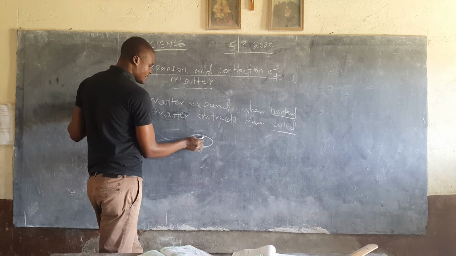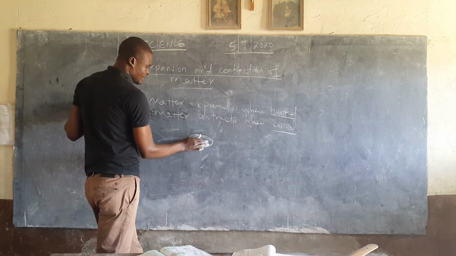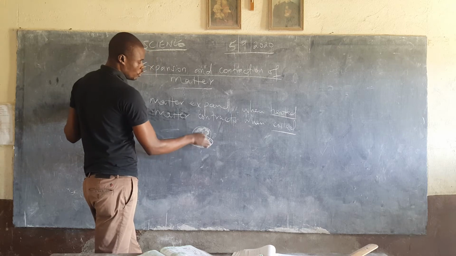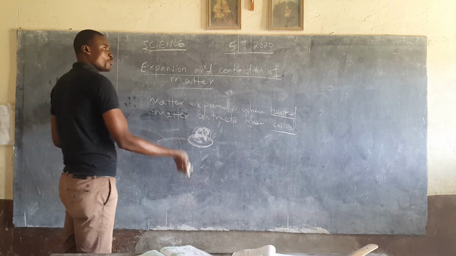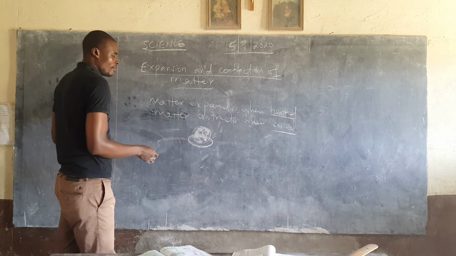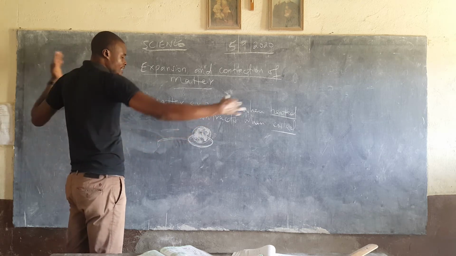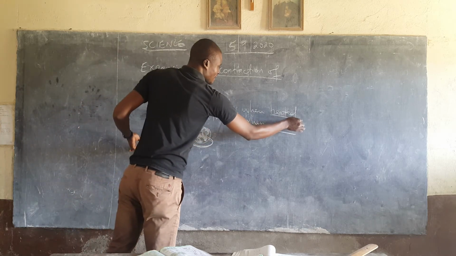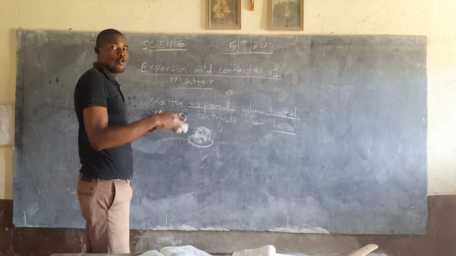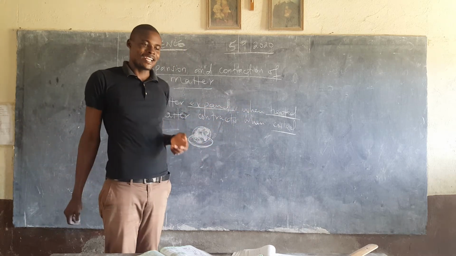A metallic ball can pass through this ring loosely, meaning you don't need to force it to go. Then when you heat it thoroughly with fire, it may not pass through there again, because it shall have increased in size, meaning it has expanded due to heat. But when you cool it, it can easily pass because it has contracted again.